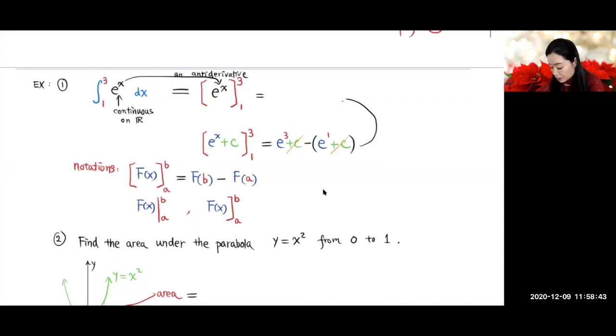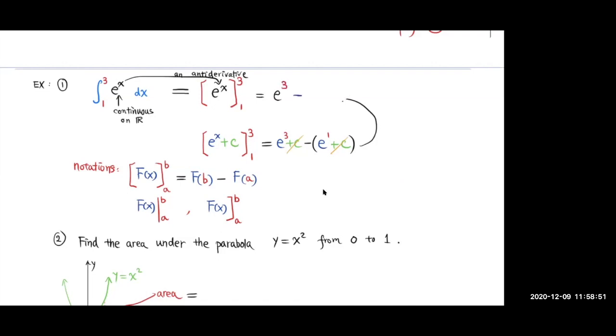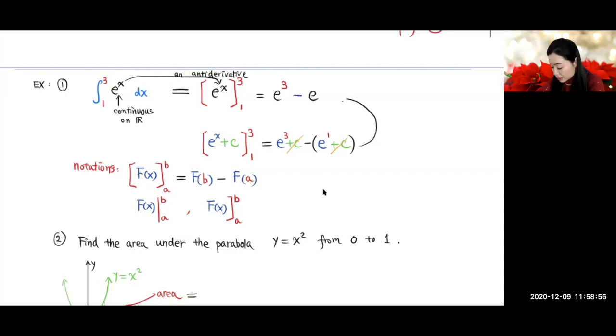So that will be equal to e to the third power, and then subtracting e to the first power. Yes, you got it. So this is e cubed minus e. Now some of you say, how come you don't put a plus c here? The most general antiderivative is e to the x plus c, right?